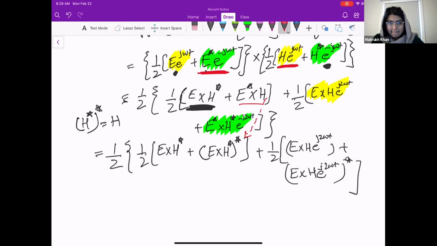Is it clear? Okay. And similarly, I am taking the conjugate out as this whole thing out here. That's why I wrote it like this.